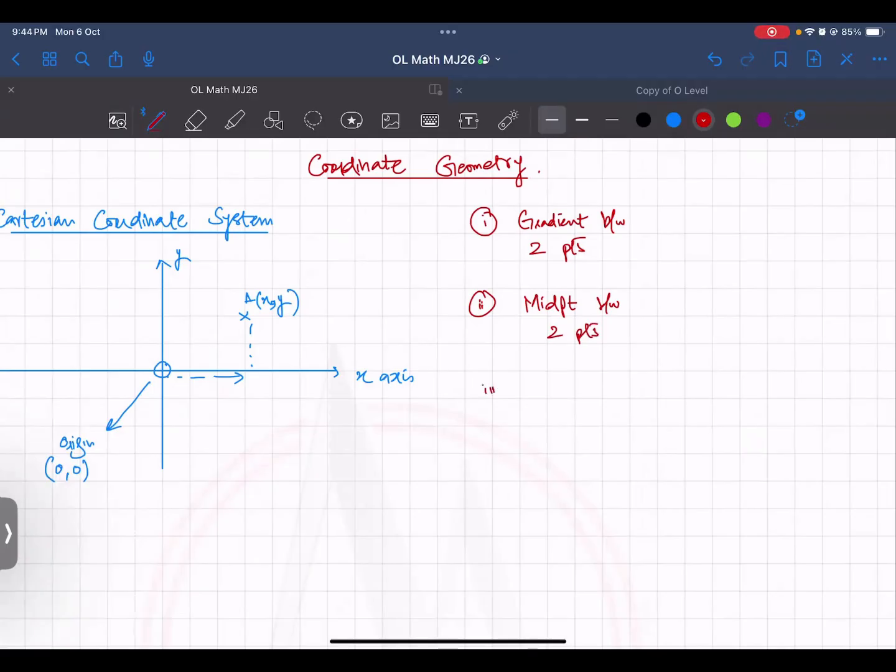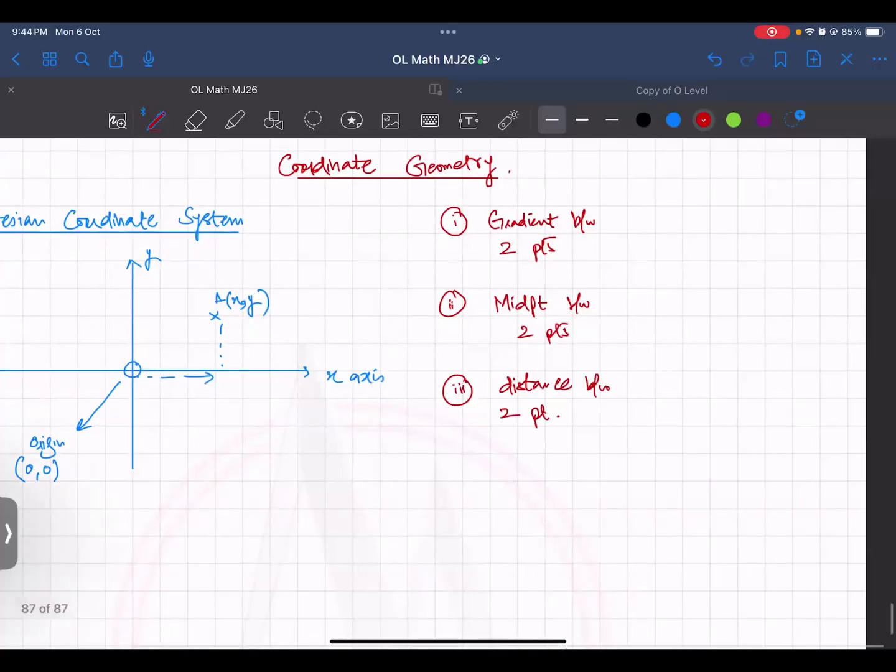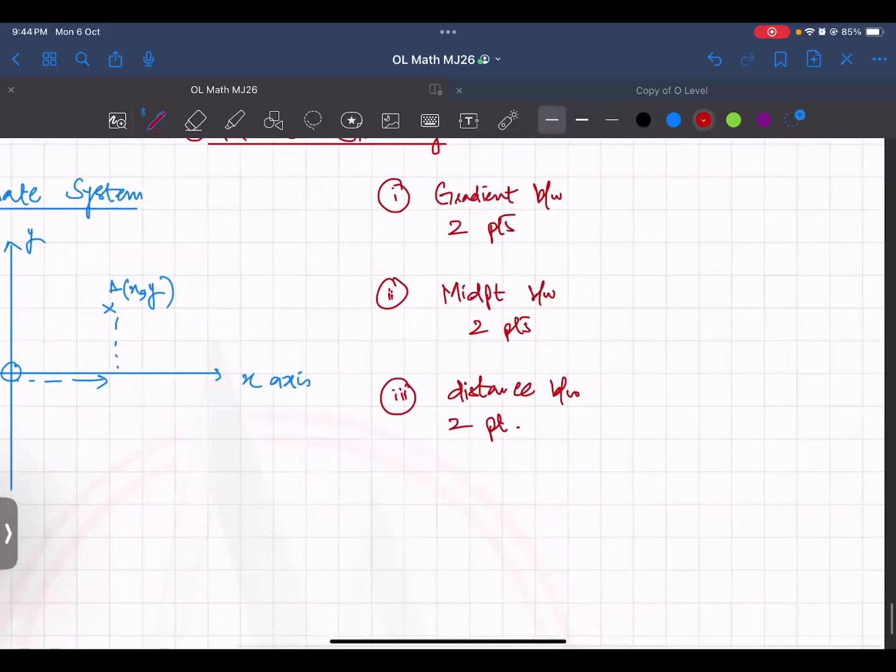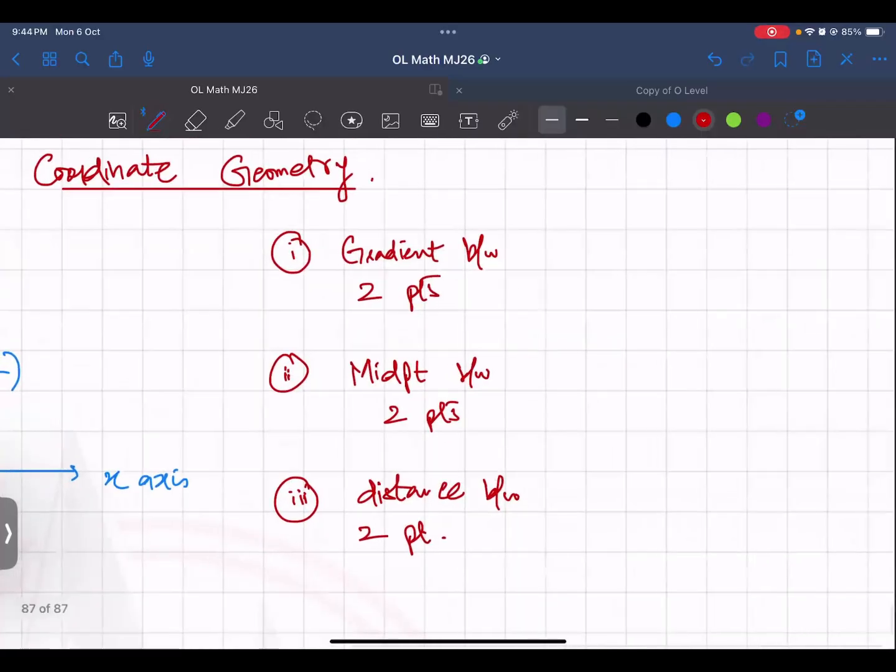And then you have the distance between two points, which you people have been doing for a very long time. These are the first few formulas which I had quickly memorized, because I have done this so many times. The gradient is y2 minus y1 upon x2 minus x1.